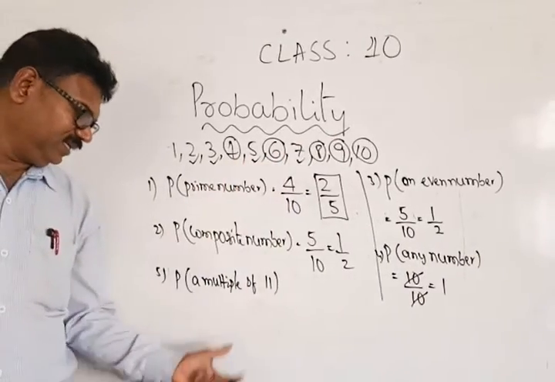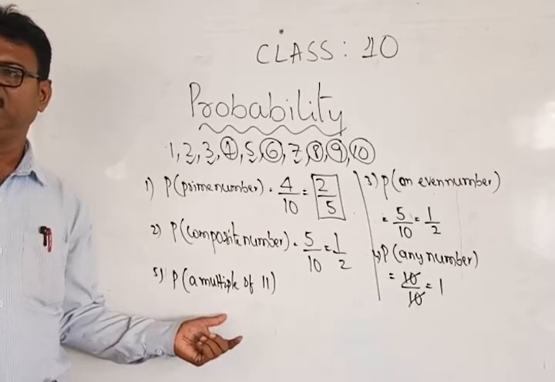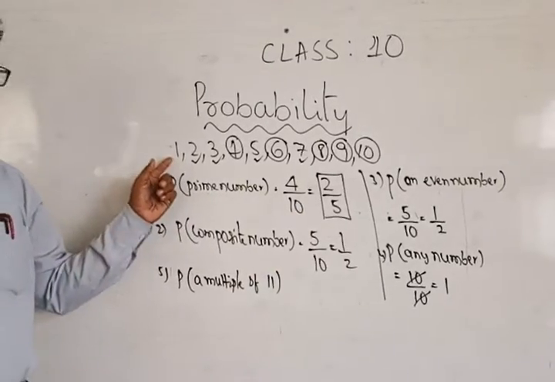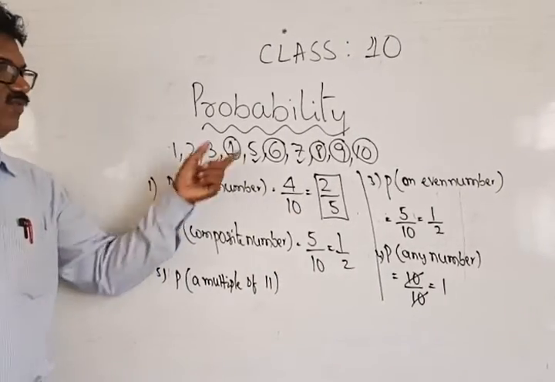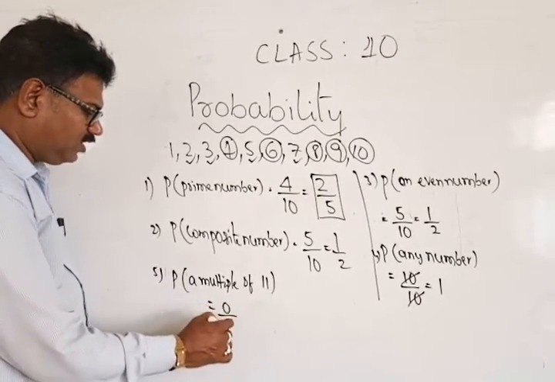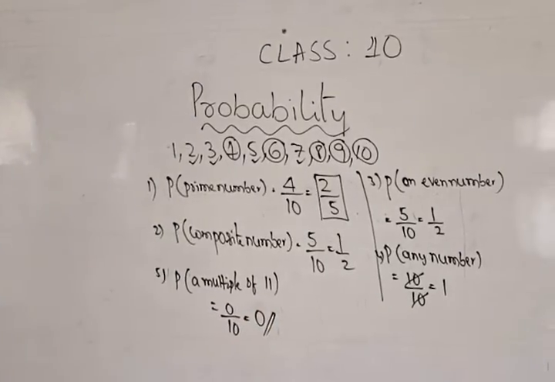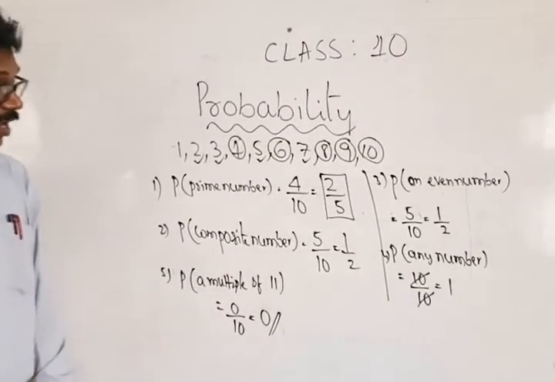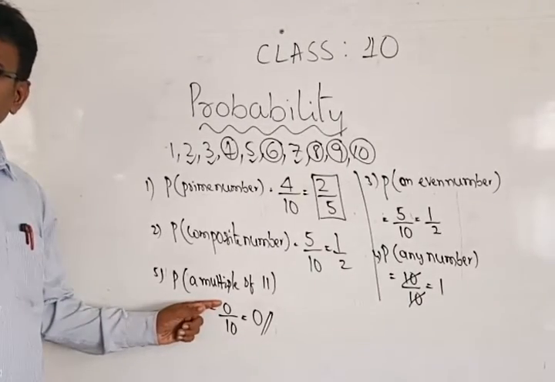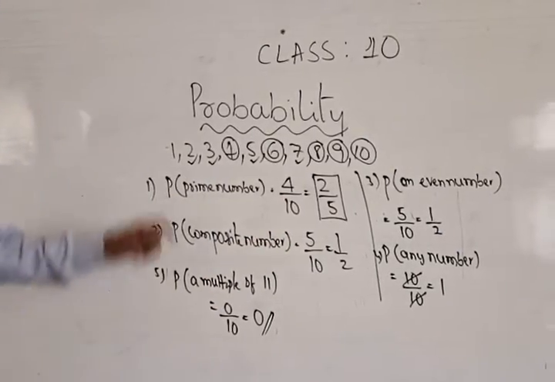Among these 10 numbers, is any number a multiple of 11? 11 is a multiple of 11, but it is not there. Therefore, how many numbers are there? No numbers only. 0 by 10 equals what? 0. 0 means what? No favorable outcomes. You should understand that there are no favorable outcomes.